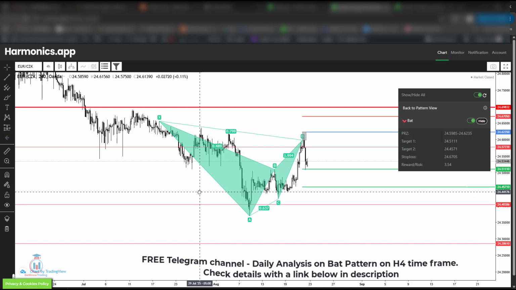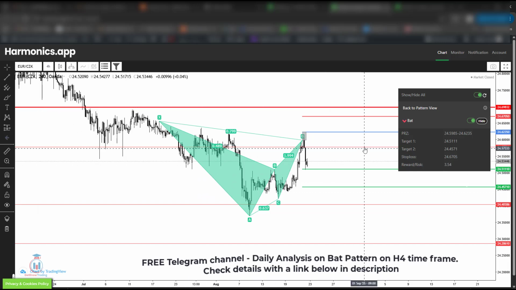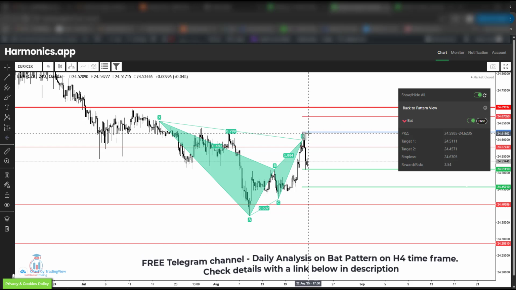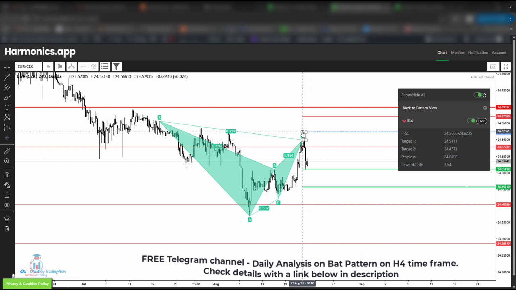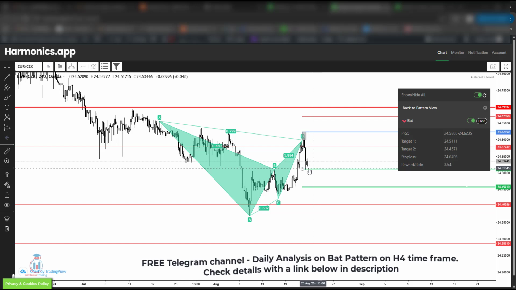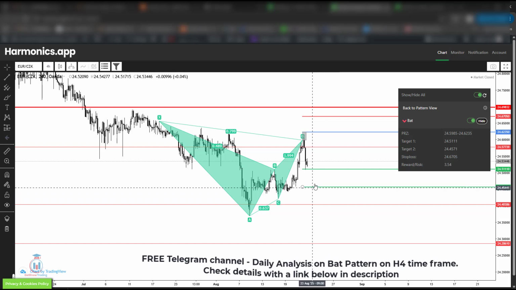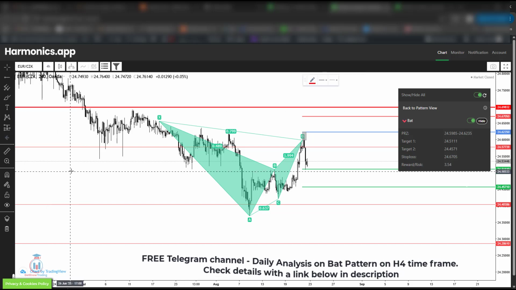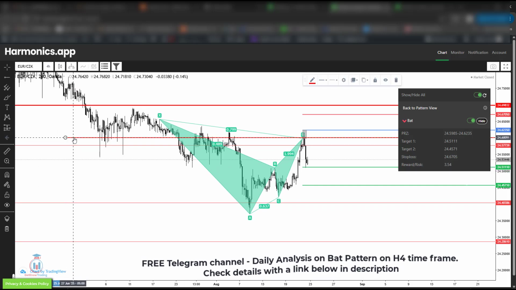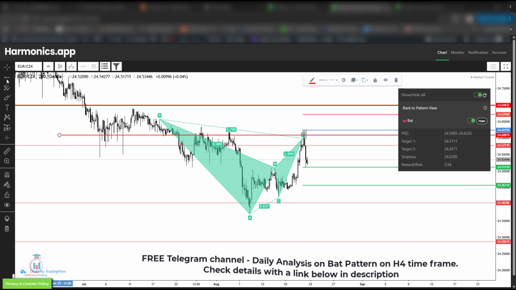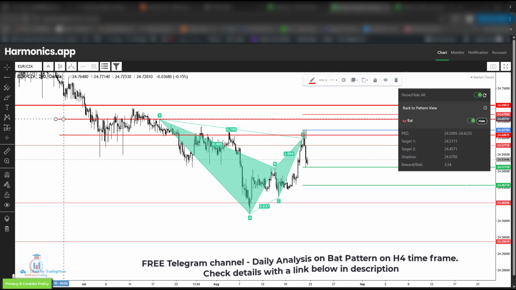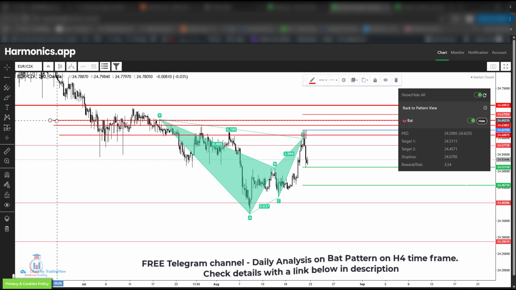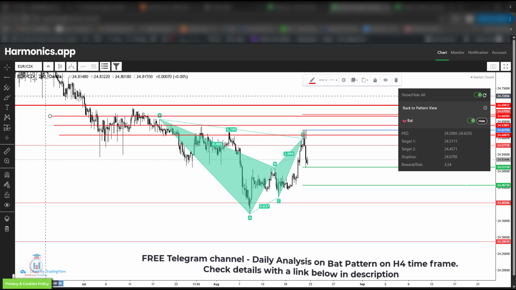After that, we can see what are the levels detected here by the scanner. This is the stop loss level, this is the entry level, a potential reversal zone, a gray area, the take profit level 1 and take profit level 2. As a next step, I make the technical analysis, and that means just putting the horizontal lines, which are the support and the resistance levels, just to see where the price is bouncing and where the price could go, that means reaching and bouncing from this area of support or making a bullish or bearish breakout.